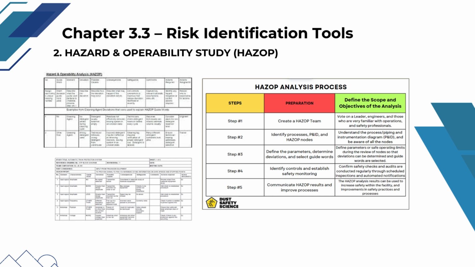For each deviation, the team evaluates possible causes, consequences, existing safeguards, and required actions. In DMADV, HAZOP is especially useful for complex, high-risk, or safety-critical systems as it helps identify safety, compliance, and operational risks early, ensuring the new design is safe, reliable, and fit for purpose before moving into final design and verification.